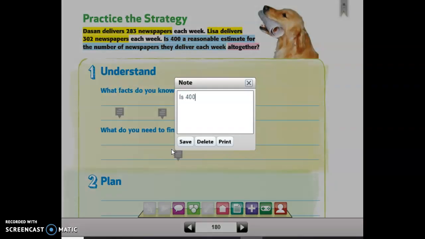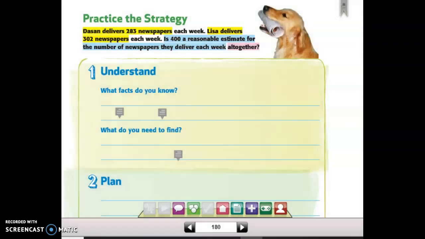Is 400 a reasonable number of newspapers they deliver each week? That is the question that goes in what we need to find. And what is our plan?